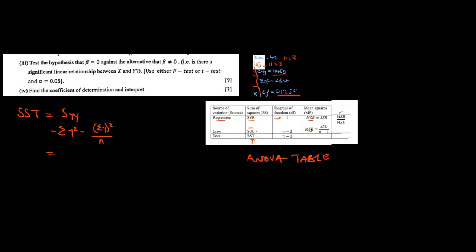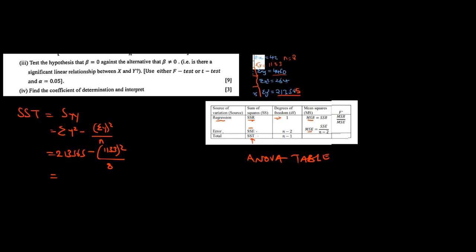So there should be a 5 at the end like that. So summation of y squared is 213565, minus the summation of y, which is 1133, squared, and then we are dividing that by n. N is 8, right?